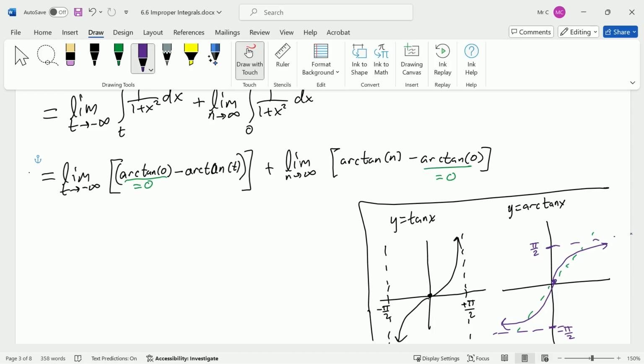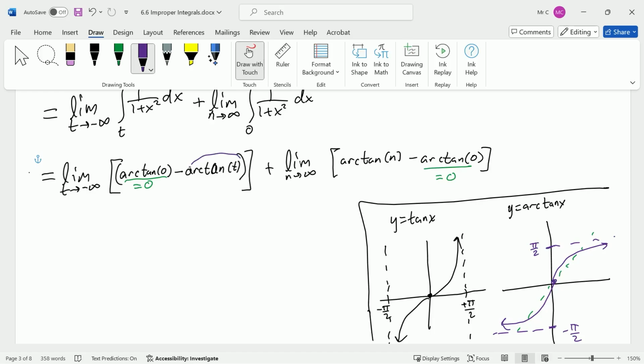And so now looking at that picture, I can say that when my input is approaching infinity, the output is approaching pi over 2. And if the input is approaching negative infinity, the output approaches negative pi over 2. It's a little sloppy. I'll rewrite that a bit. Okay.